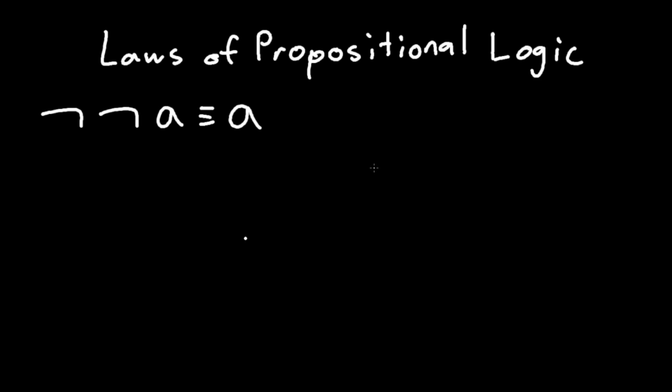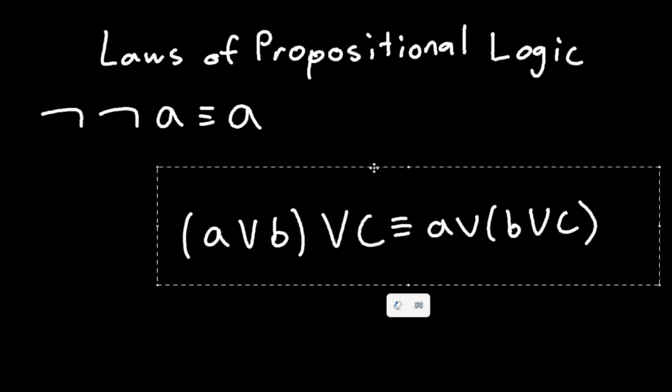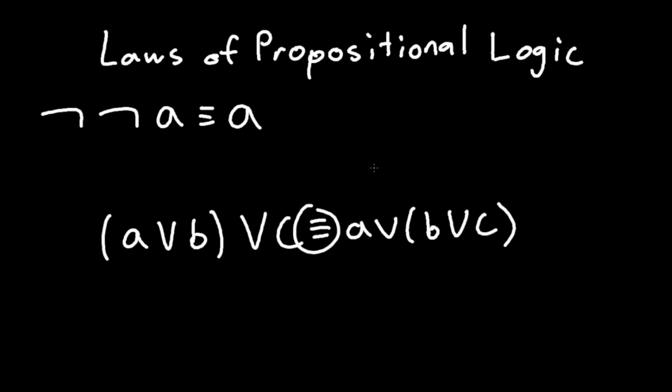All right, how about the associative law? Well, let's write down (A ∨ B) ∨ C is equal to A ∨ (B ∨ C). And if you don't know what this triple equal sign stands for, just think of it as an equal sign, but for statements. But this right here is the associative law. Now, here's an important thing about this.